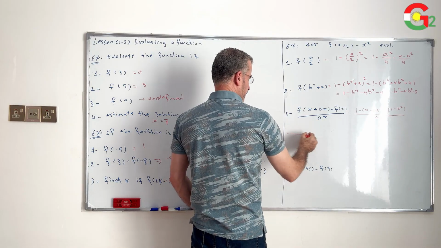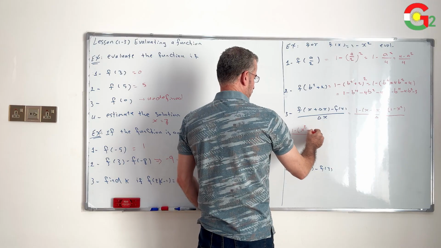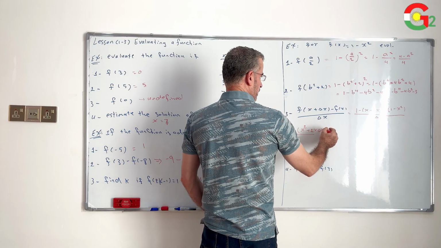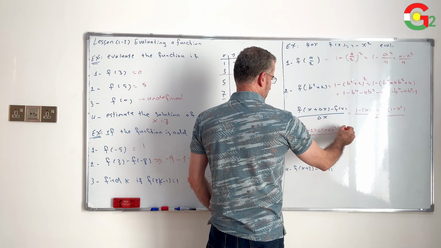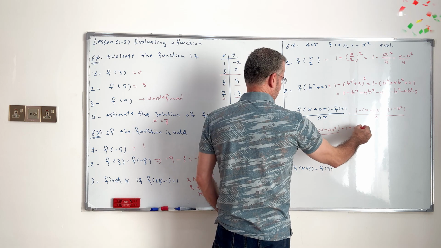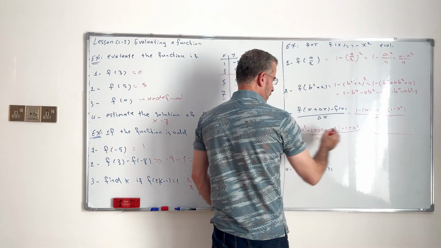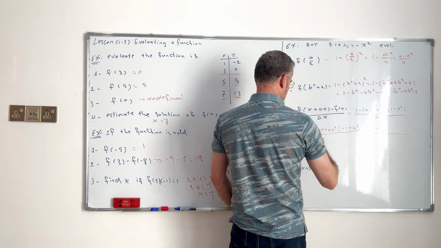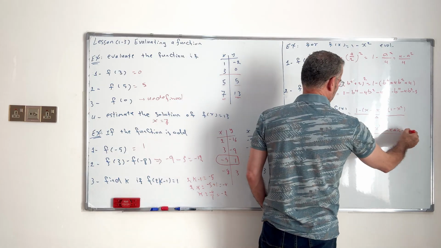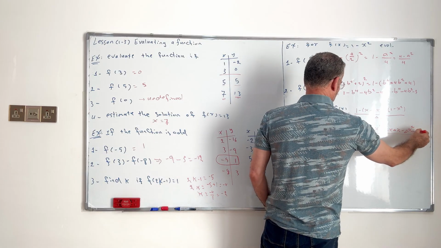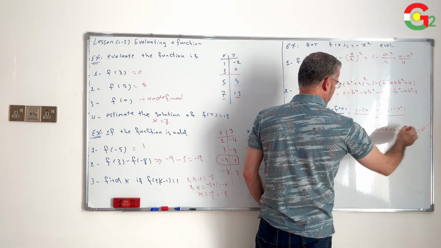Simplify this function. 1 minus, open this bracket, x power 2 plus 2x delta x plus delta x squared, minus 1 plus x squared, over delta x equal to 1 minus x squared minus 2x delta x minus delta x squared minus 1 plus x squared. x squared with x squared, 1 minus 1, 0.